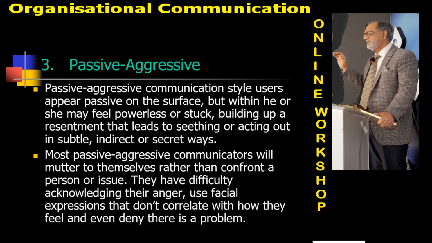Most passive aggressive communicators will mutter, or they would talk within their mouth. They would mumble. One would not understand what they are trying to say. They have difficulty acknowledging the anger, and the facial expression shows all about that.